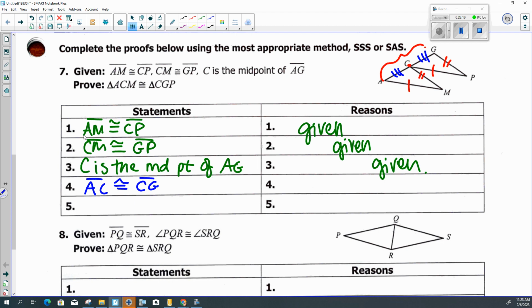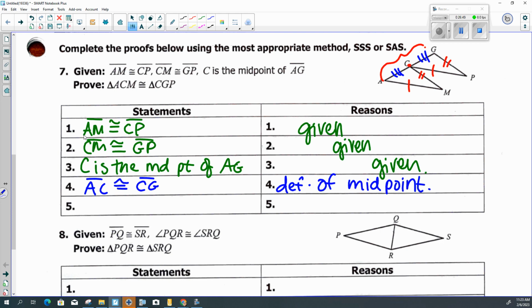It's definitely not the same line. Yes. They told us this was the midpoint. If they gave us the middle, it means that these two pieces are equal. So definition of midpoint. That's how we know it. Because they told us the dot is in the middle.